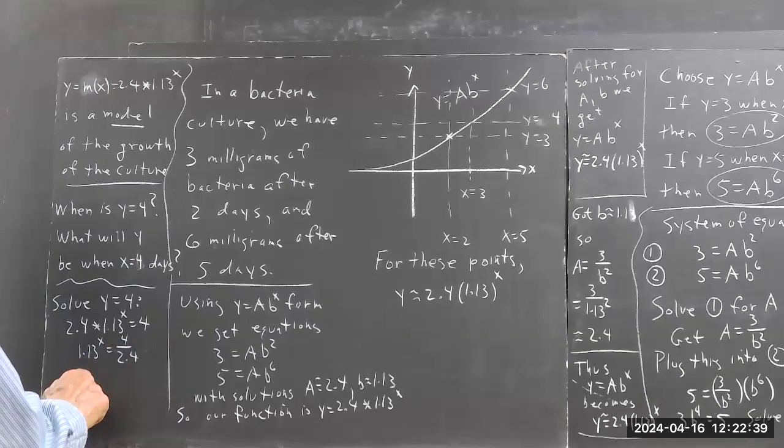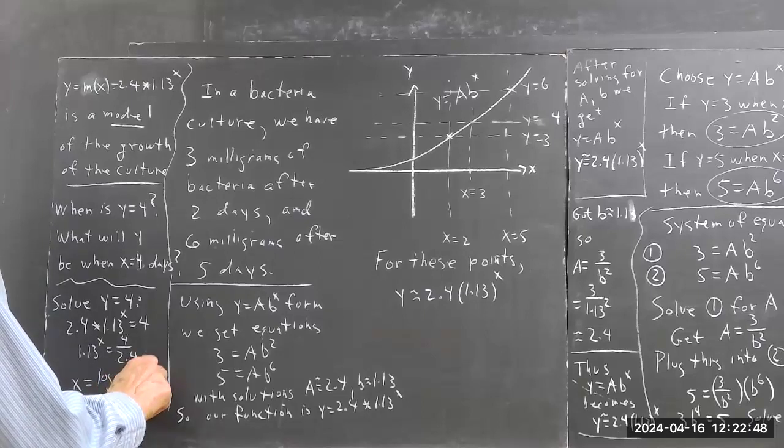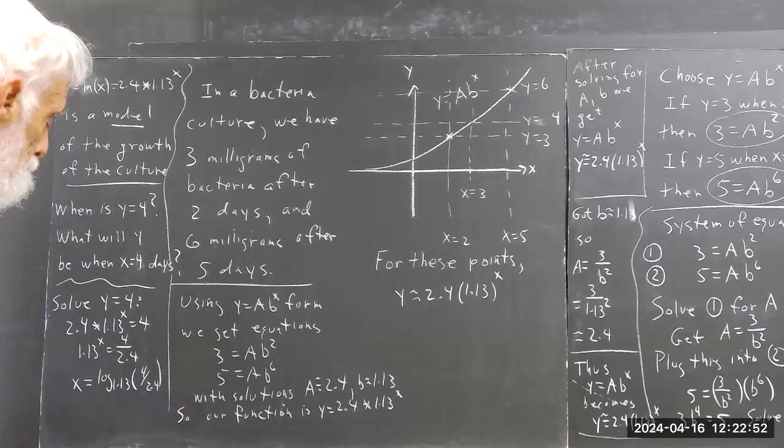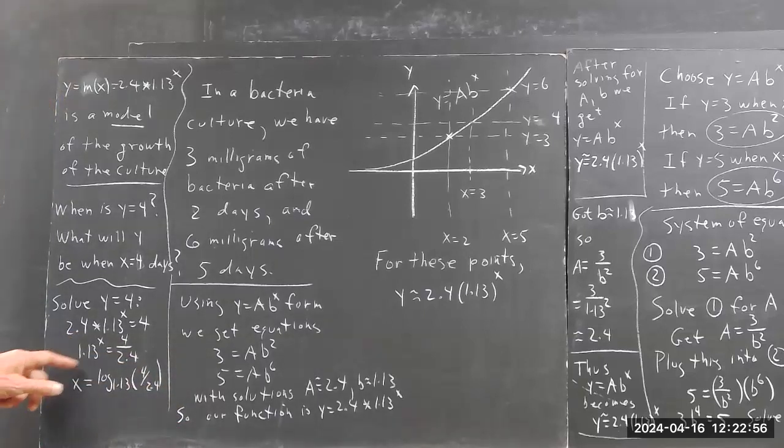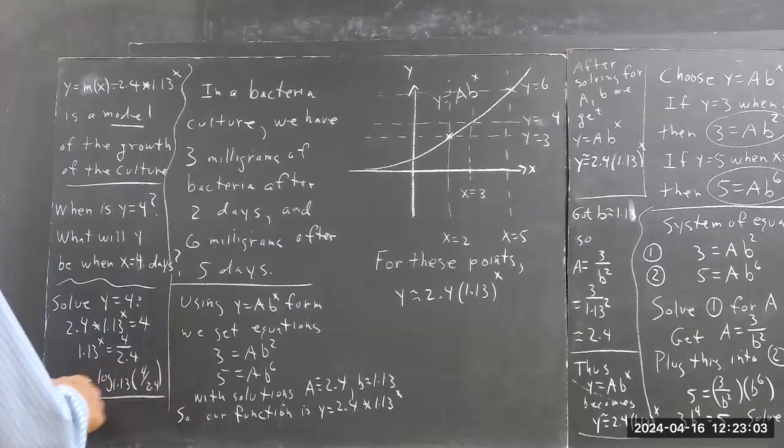So x equals log base 1.13 of 4 over 2.4. That's the standard way of solving an exponential equation. You can solve that and see how close it comes out. X equals 3.